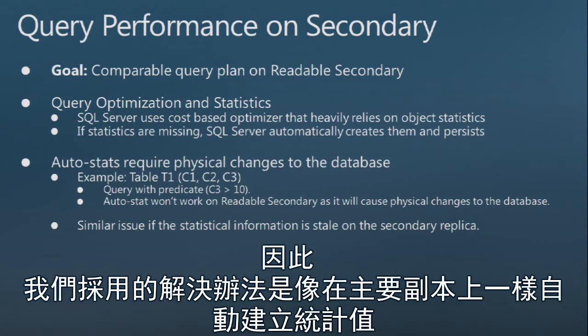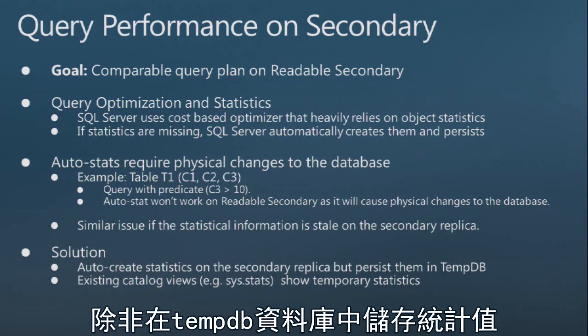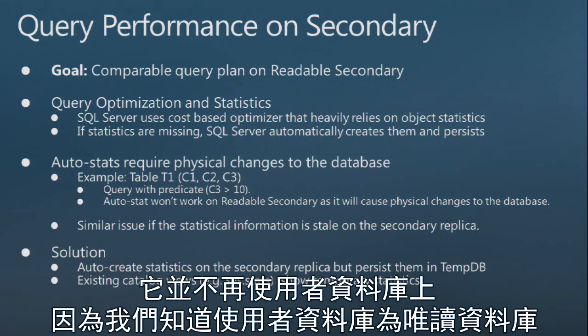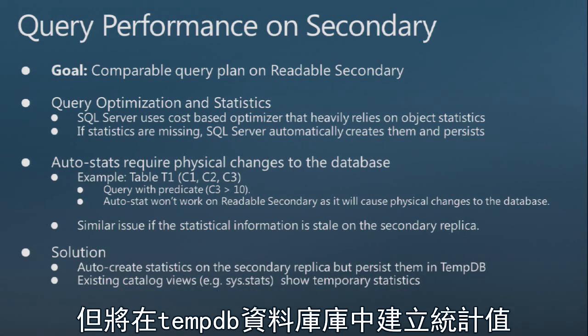So the solution that we have come up with is, we will create the autostats just like we do it on the primary, except we will store that statistics in TempDB. So it is not on the user database, because we know the user database is read-only, but we will create the statistics in the temporary database.